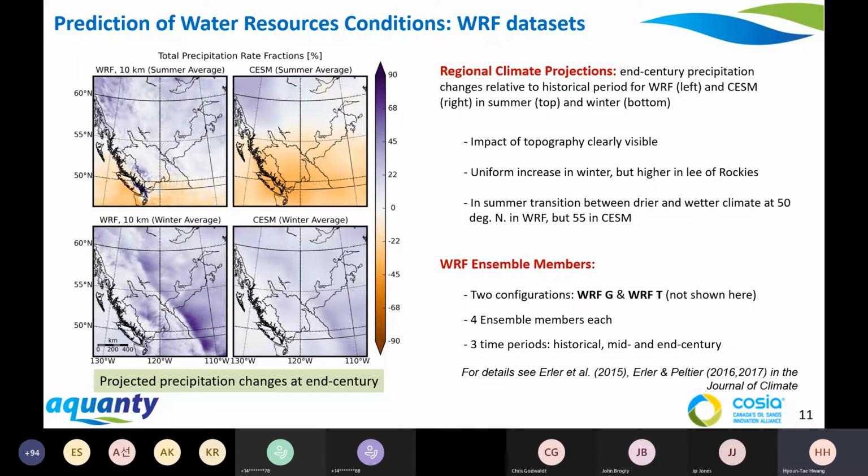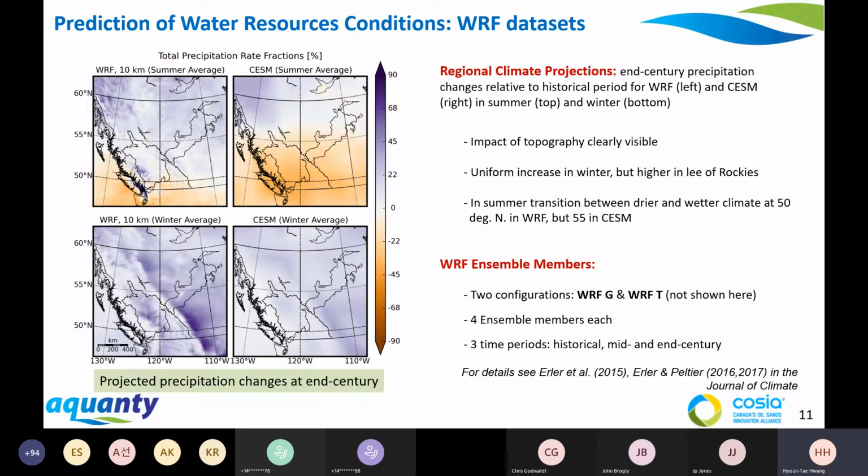And once our validation is done, we perform the future prediction using climate change data from the WRF dataset. So here we compare the precipitation change in future relative to the historic period. Blue represents precipitation increase in future, brown represents precipitation decrease in future.